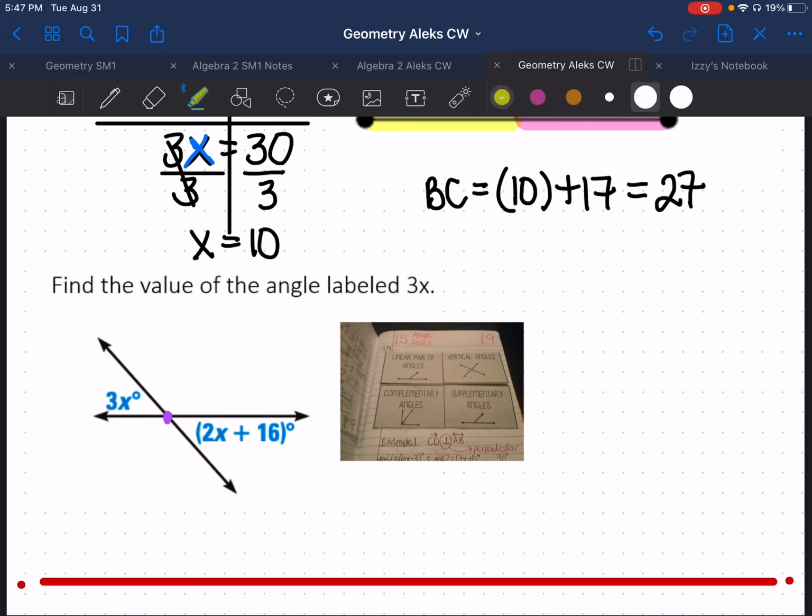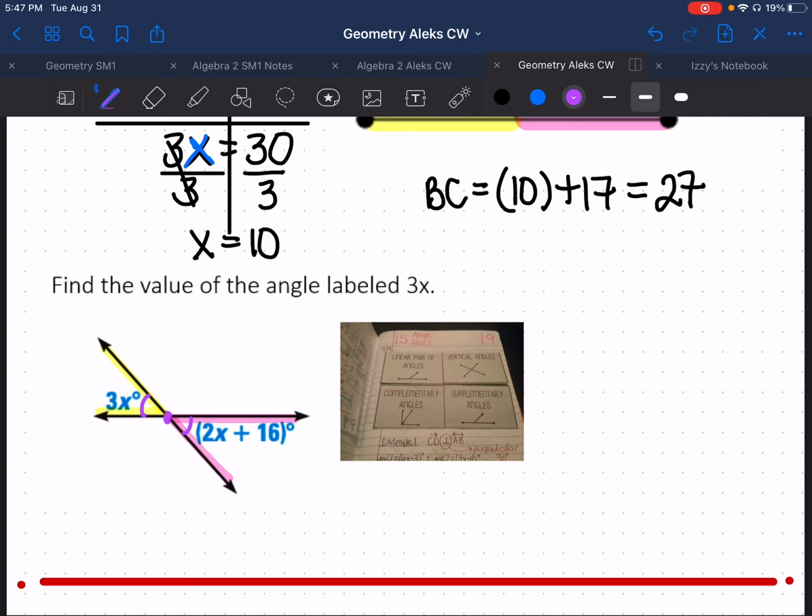When I highlight them, they cannot share anything but that purple point. And if I take a look at my color, neither one of them are blending together to create an orange color. So these two, perfect. They are vertical angles.